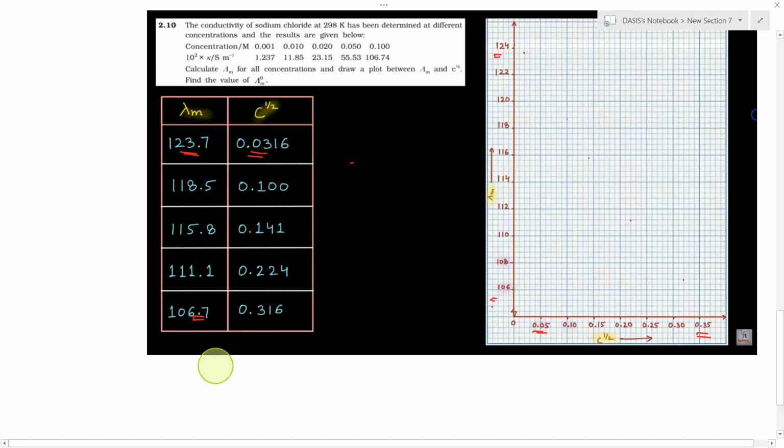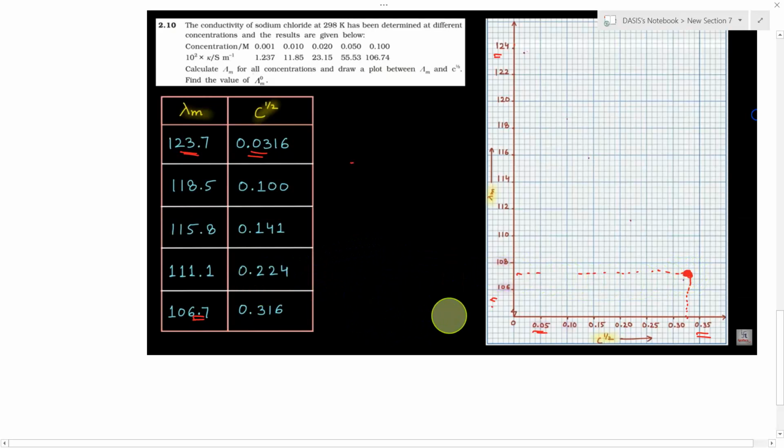Let us start with 106.7, which corresponds to 0.316, right? So 106.7 will be somewhere here. This is 0.30, so let me have 0.316 approximately here. This is the point we have to mark. Like that we have to plot the point for 0.224.